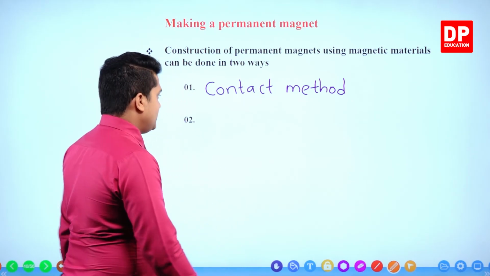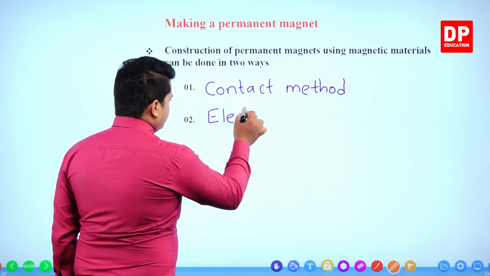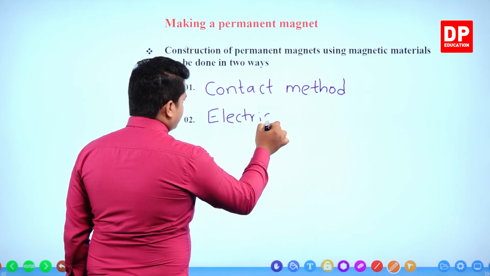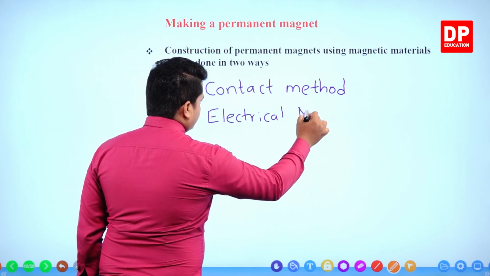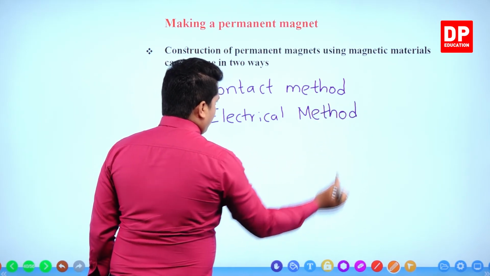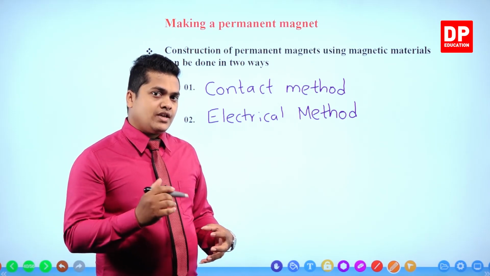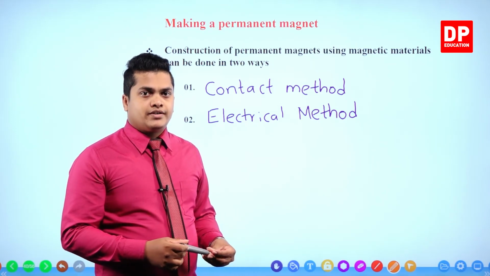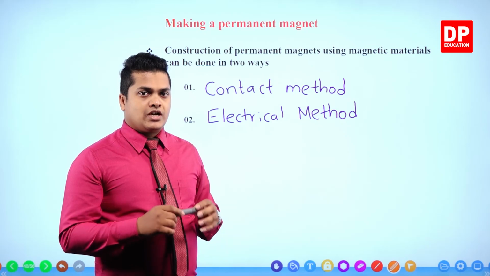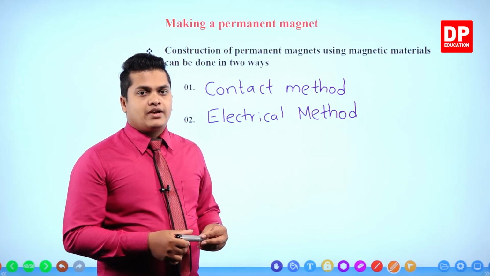Then the second one is the electrical method. It means that by providing electricity also we can make a permanent magnet. So there are two possible ways in creation of a permanent magnet.